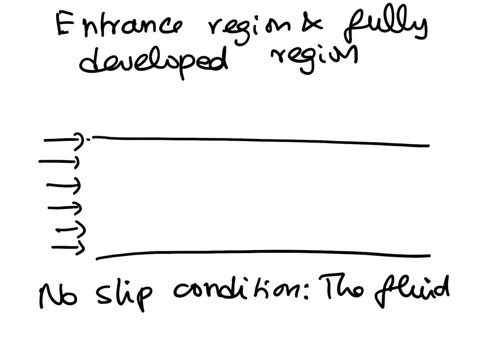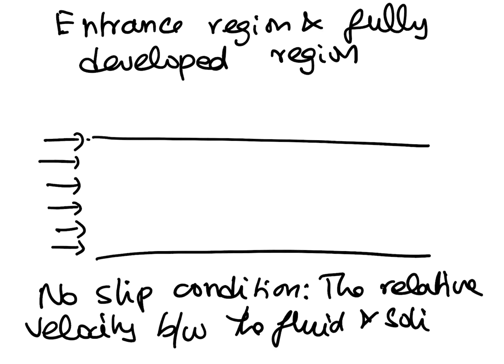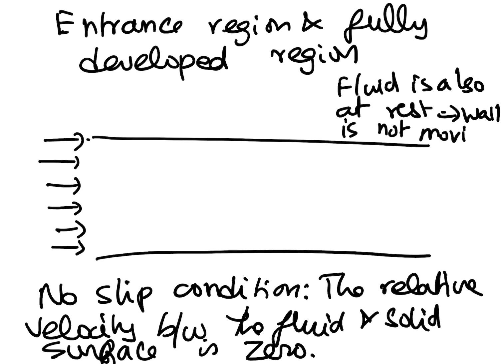In fact, the surface and the flow are at the same velocity, and this is called the no slip condition. I'll say it a little bit differently. The relative velocity between the fluid and solid surface is 0, meaning the fluid is also at rest because the wall is not moving, so it's also at rest.